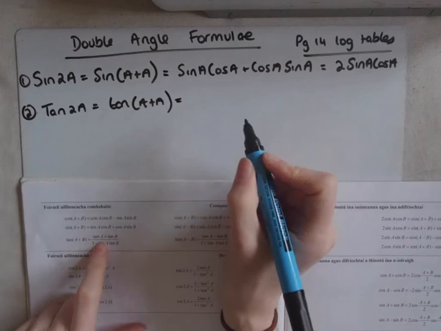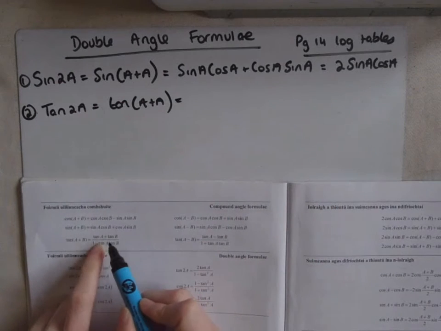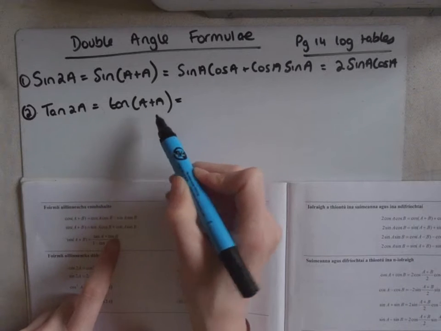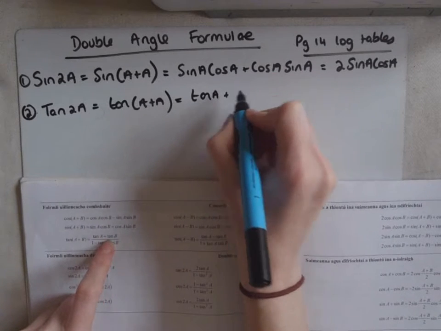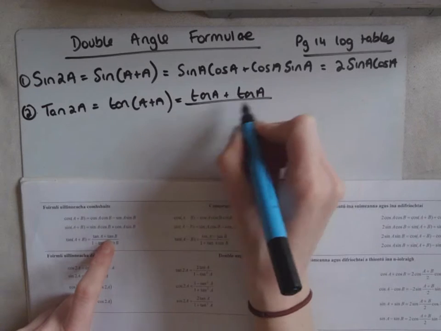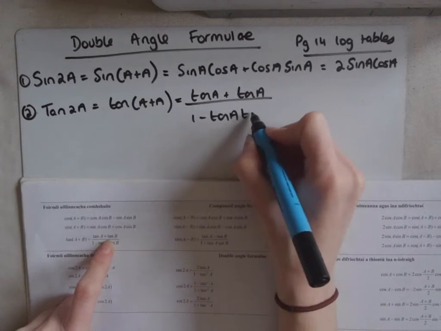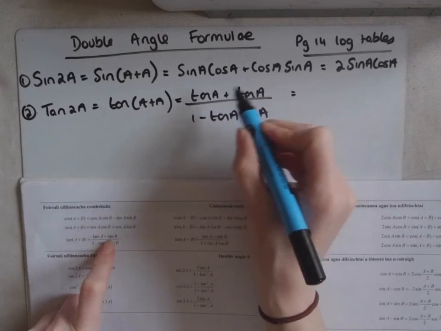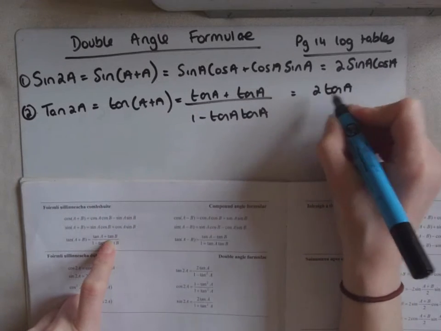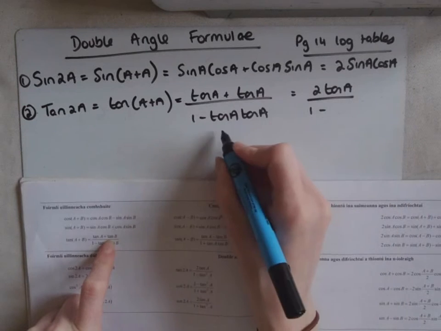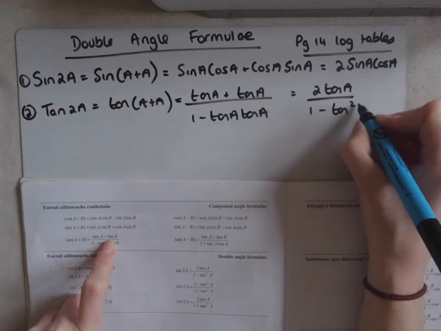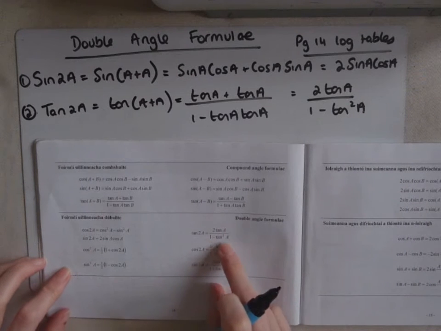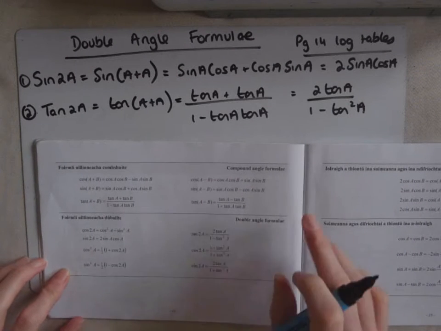You're replacing in this formula anywhere you have tan B with A, because in this case it's A plus B, so your B is A. So tan A plus tan A over 1 minus tan A tan A, which is 2 tan A over 1 minus tan squared A. So that's where your tan of 2A formula comes from.